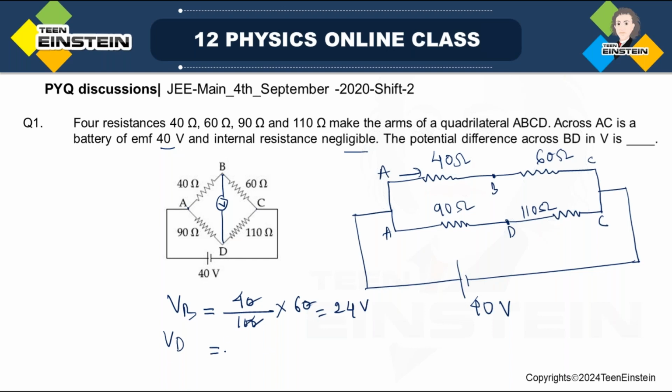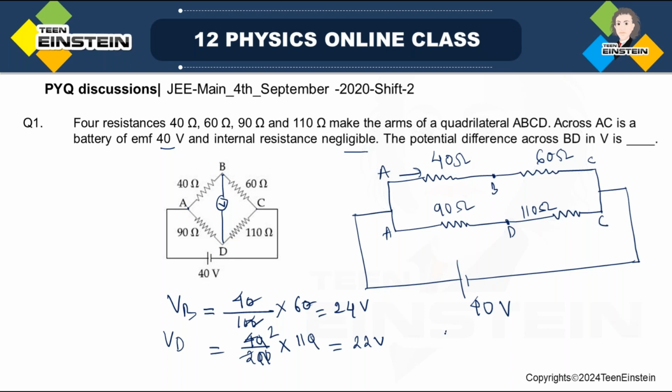Similarly, 40 by 200 into 110 will give you 22 volt.